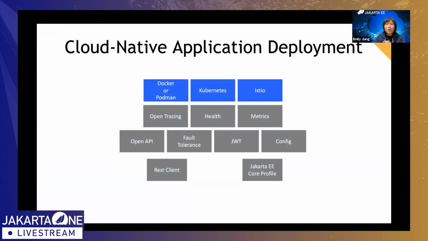In order to deploy to the cloud, the first thing is to containerize, so you use either Docker or Podman. You also need to create your deployment, or you use the operator. If you want to manage services, you can install Istio.